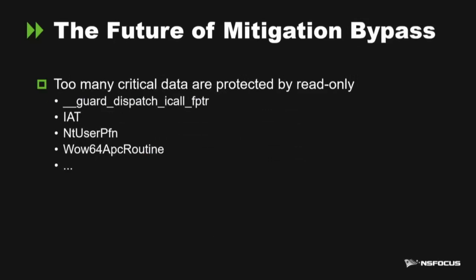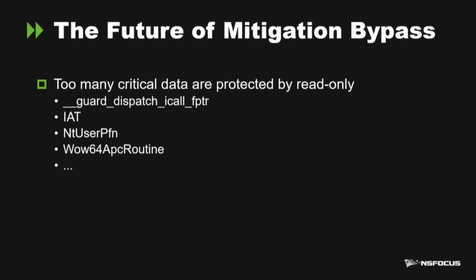And the last important thing is that current mitigations have too many critical data protected only by read-only, such as the guard dispatch function pointer, the IAT, the NtUse pointer function pointer, and the WOW64 APC routines.